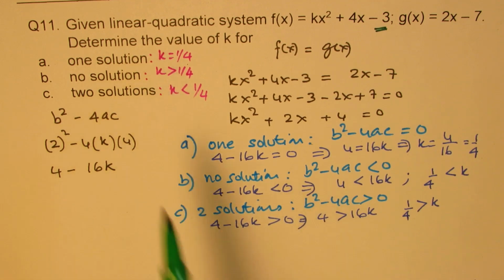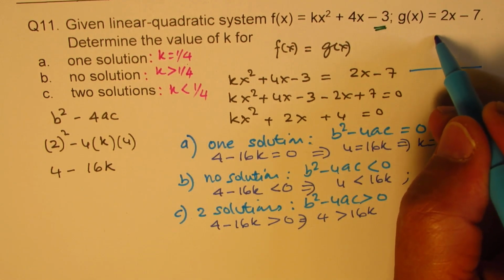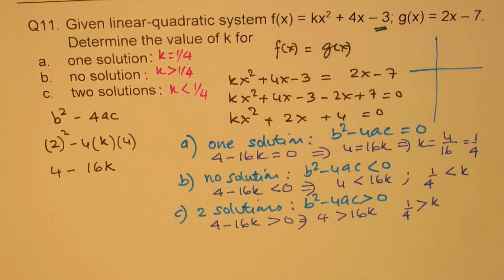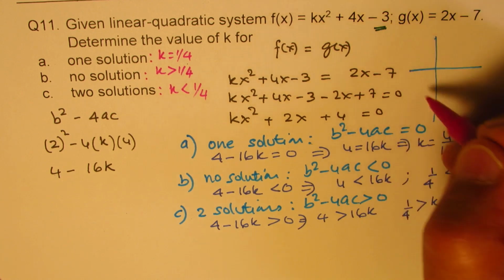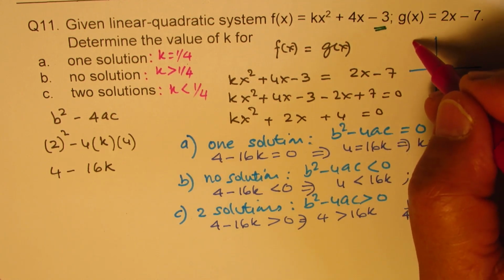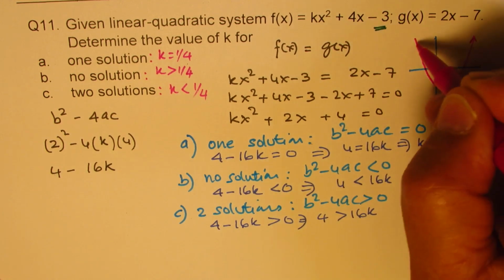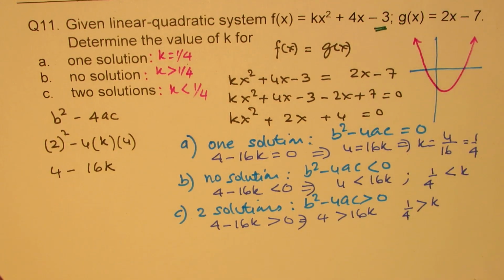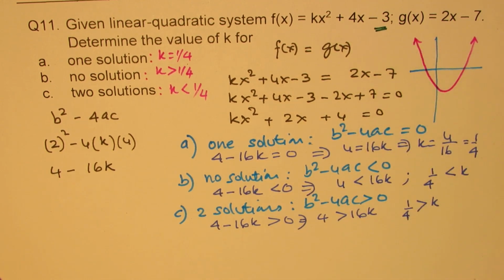Does that make sense to you, right? So if you sketch it with different values, we may get a parabola, which could be something like this. Since this is minus 3, if it is opening upwards, then we have a parabola which is kind of like this, maybe. Or if it is, those were the situations which will give you a different number of solutions, right?